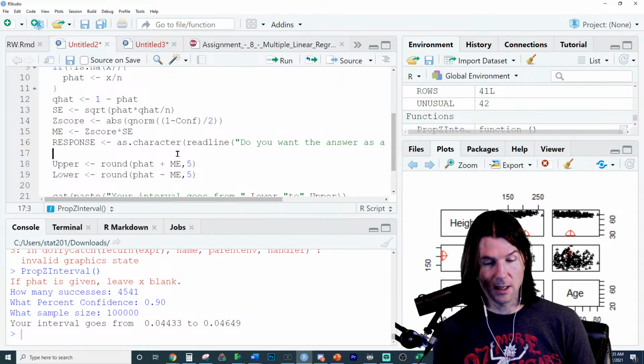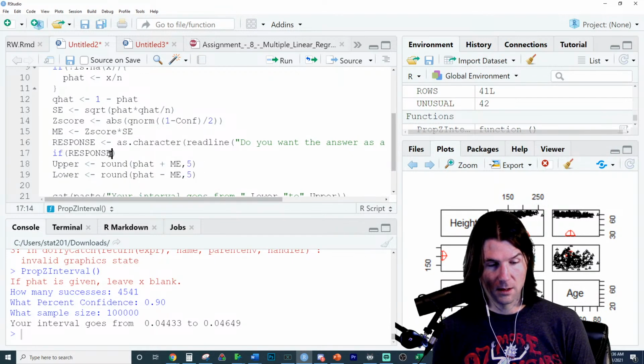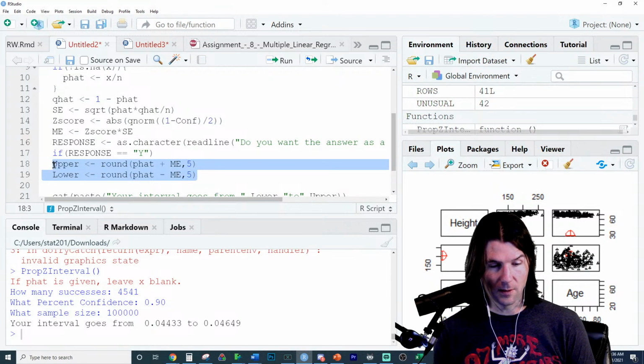And then we say, if, do you want the answer as a decimal? Okay, yeah. So if response equals yes, then run this code right here. No, wait.